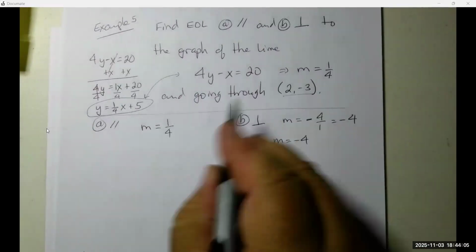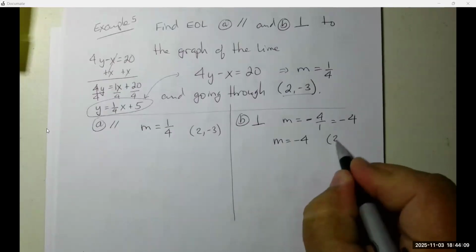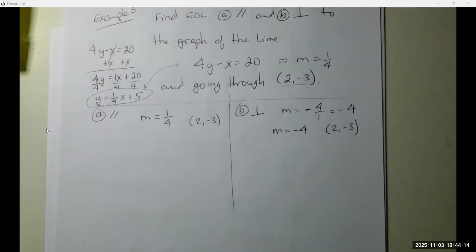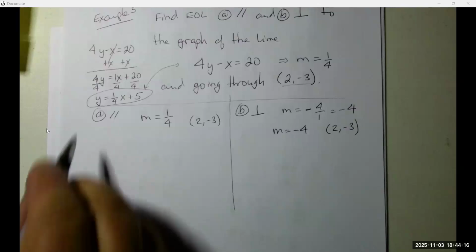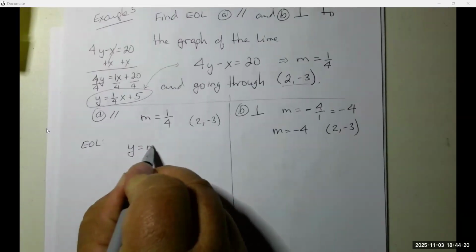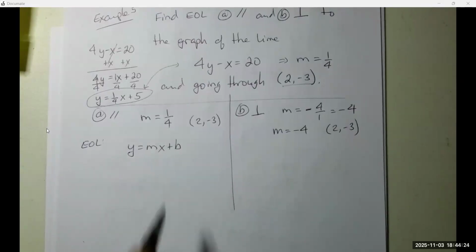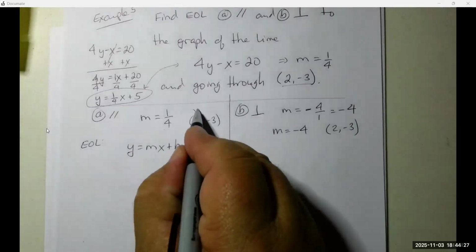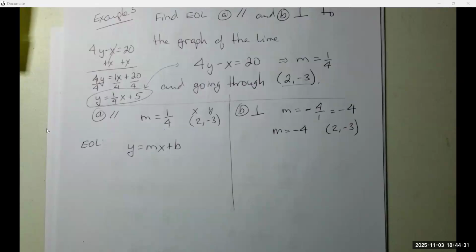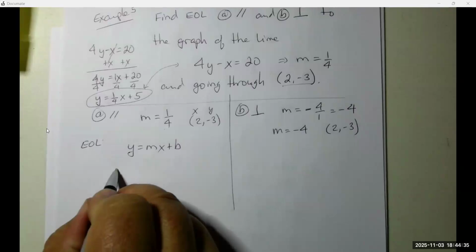And it has to go through the point (2, -3). So to find the equation of the line, we have to use this formula, y = mx + b. That's m, this is x, and this is y. The only thing we don't have is the y-intercept. So the y value is -3.